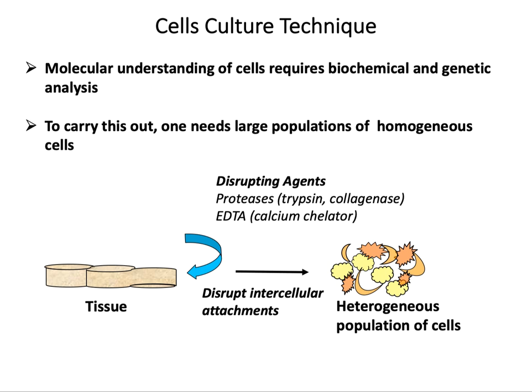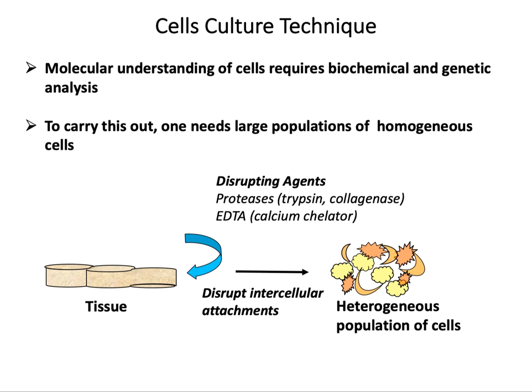But if you are working with a very rare cell type, then it is inconvenient to purify cells from a very large volume of tissues, plus it is expensive and labor intensive. So it is often easier to isolate the cells from tissues and propagate or multiply them in culture.